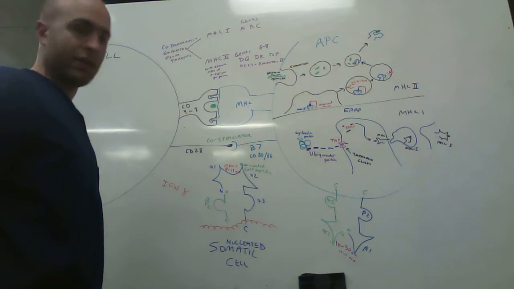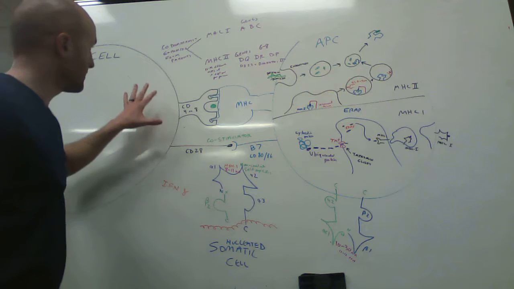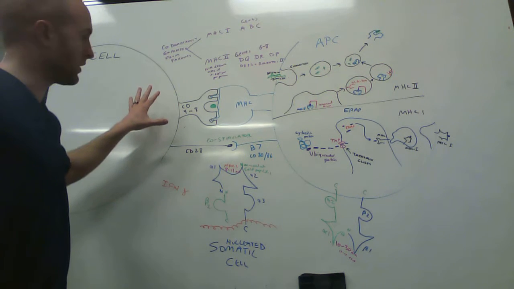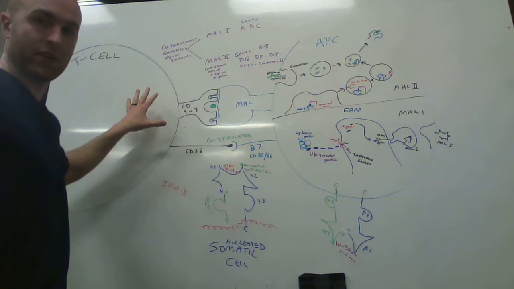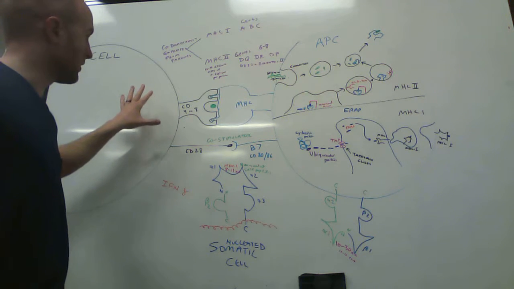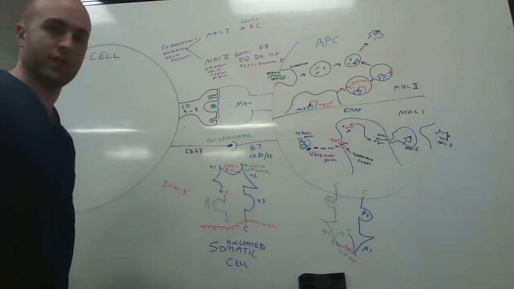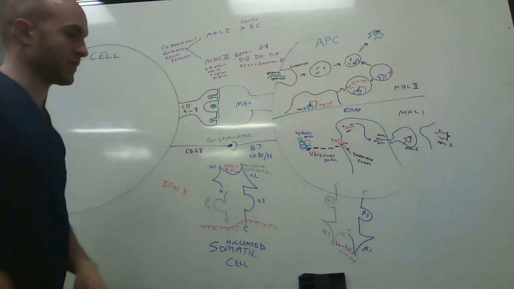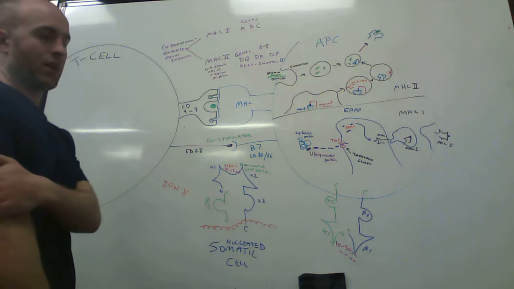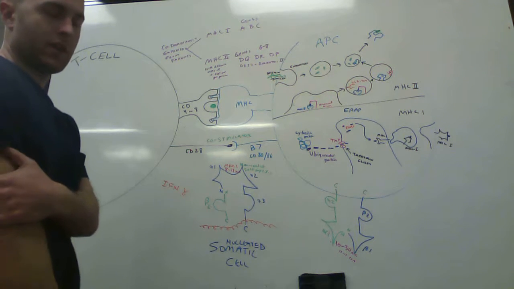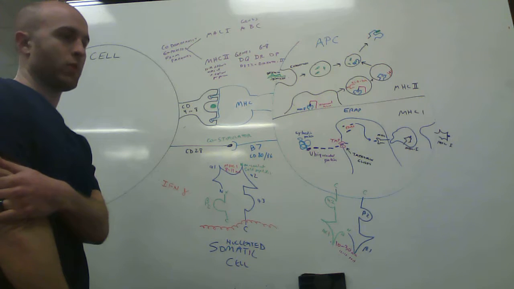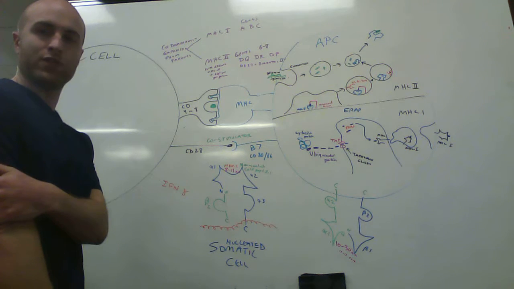Okay, so what we have here is a T cell, and there are CD8 T cells called cytotoxic killer cells, and there are CD4 T cells, which are helper T cells. The CD8 cytotoxic killer cells present CD8, cluster differentiation 8, which binds to an MHC1.